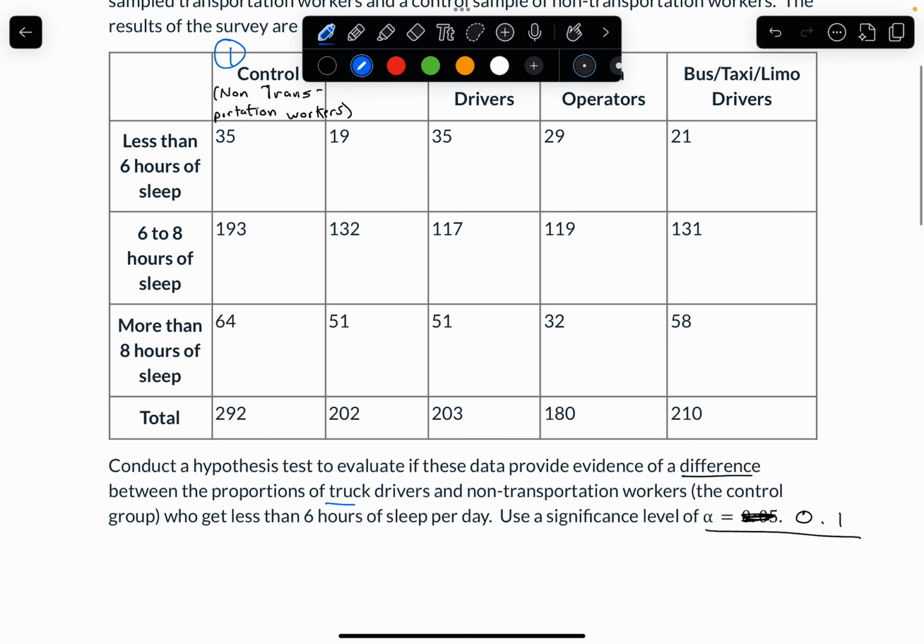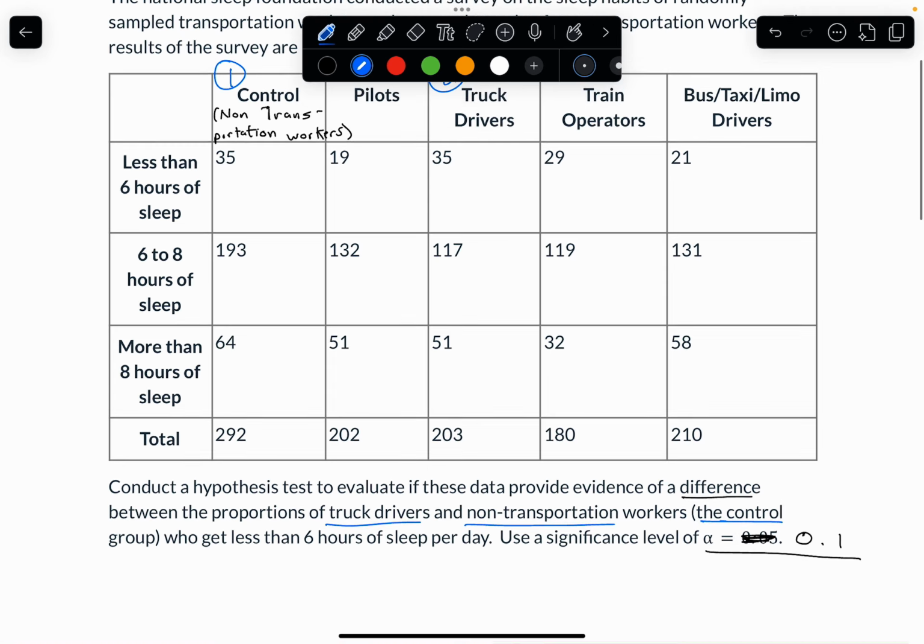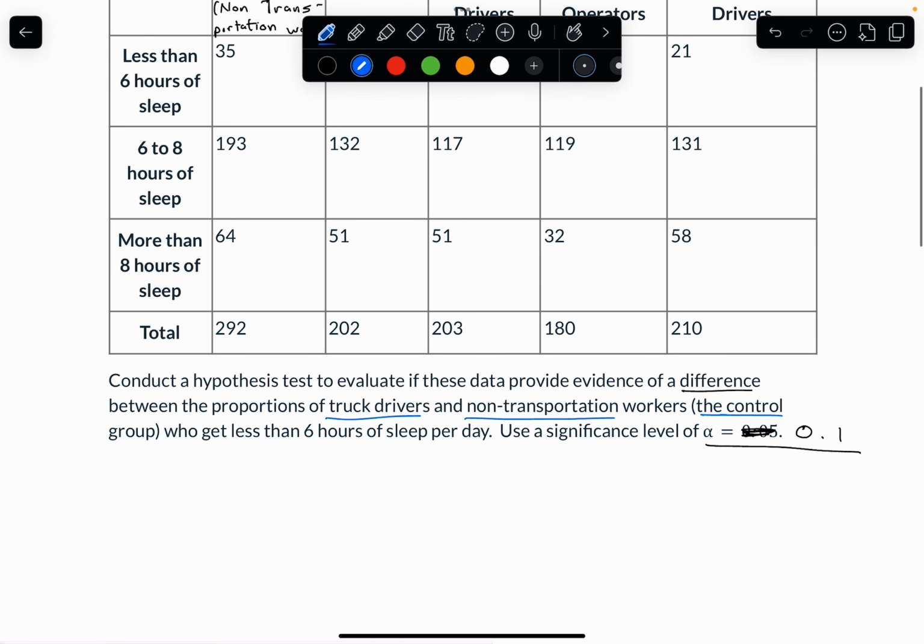Or we can say P sub C is the proportion of the control group, and the proportion of truck drivers we could call P sub T. Maybe we'll do that instead.